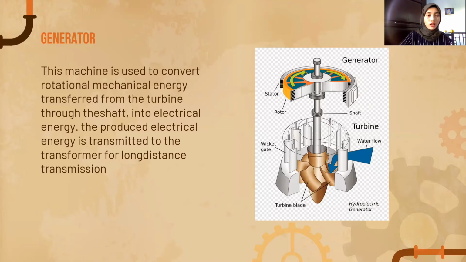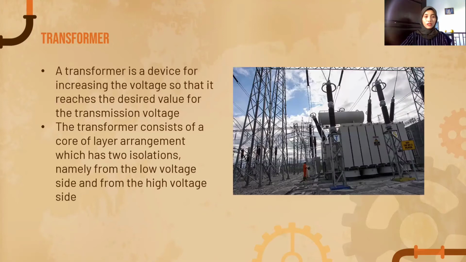Next is generator. This machine is used to convert rotational mechanical energy transferred from the turbine through the shaft into electrical energy. The produced electrical energy is transmitted to the transformer for long-distance transmission. Next, transformer.